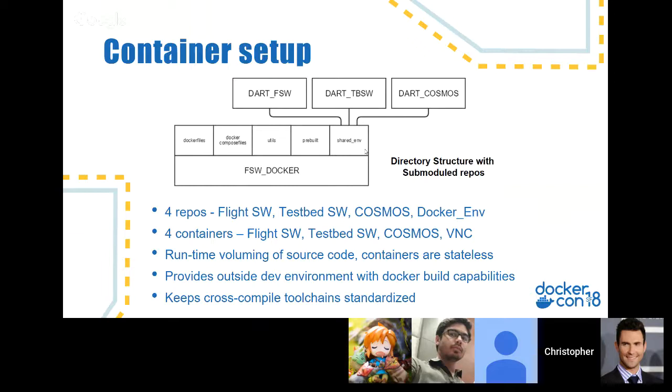So what we do is we build 4 containers. That FSW Docker repo has all of our Dockerfiles and our Docker Compose files. And we have 4 containers: flight software, testbed software, Cosmos, and then we have a VNC container, which actually gives us our link between the Cosmos Docker container and a display page out.